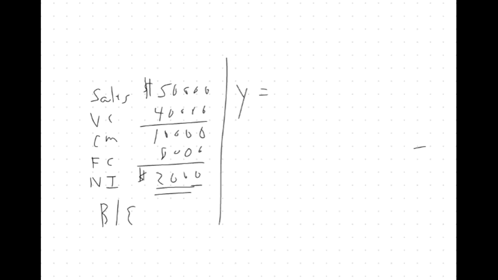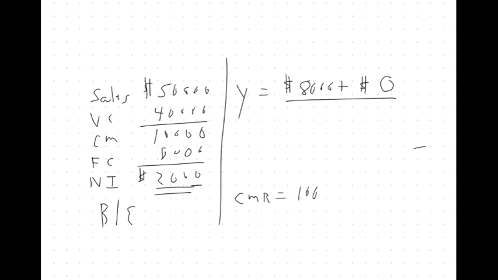Let's see. Y equals fixed cost plus a target net income of 0, because we're trying to find break even, divided by the contribution margin ratio. So how do you find the contribution margin ratio in this example? You divide the contribution margin by the sales. So I've got $10,000.